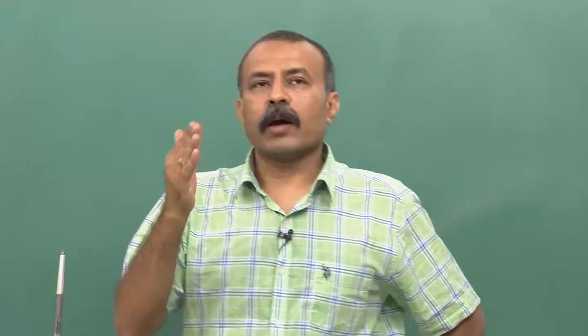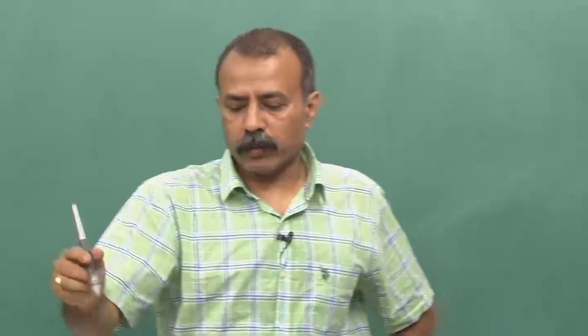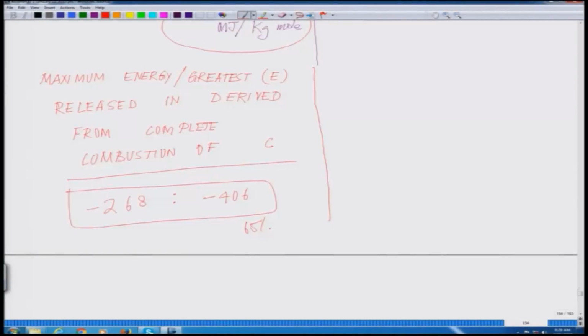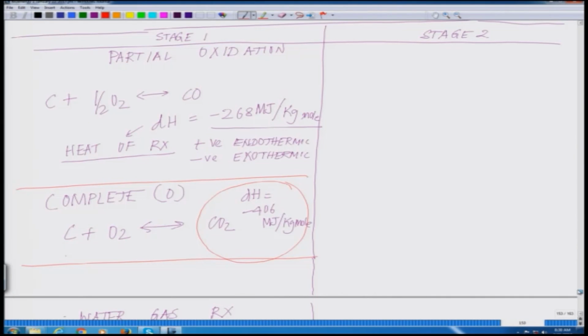But then what happens in stage 2? Now, we will come to stage 2 of gasification. So, let us go back to where we were, okay, now we are in stage 2. In stage 2, what happens? The water gas shift reaction. Okay, what does that mean?